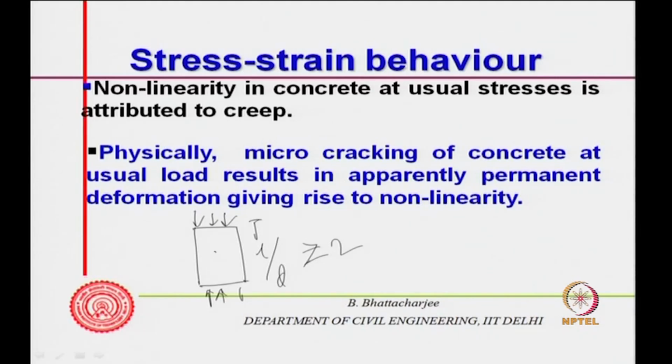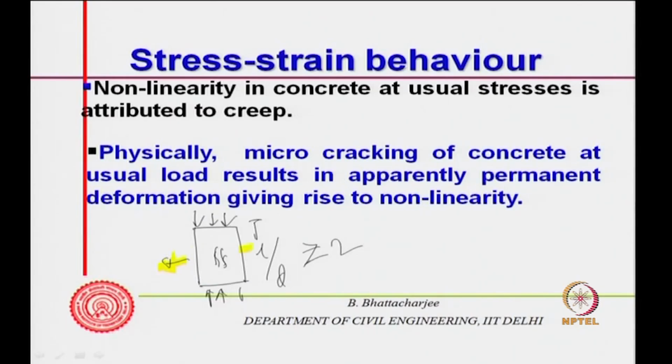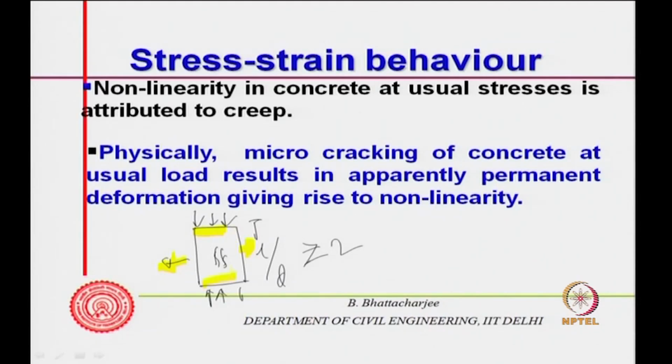Whenever I apply load, remember that we said cracks will form, micro cracks will develop because of the tension along this direction. You recall we discussed there will be tension along this direction, and therefore micro cracks will develop. After a certain period, suppose you withdraw the load. This results in deformation along this direction too, so there is a reduction in the length as micro cracks form.